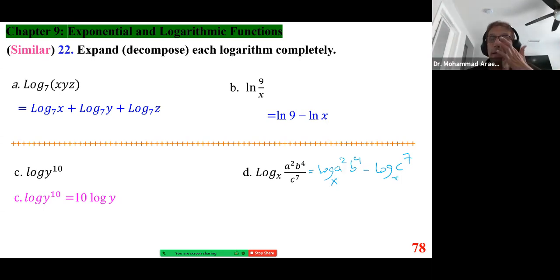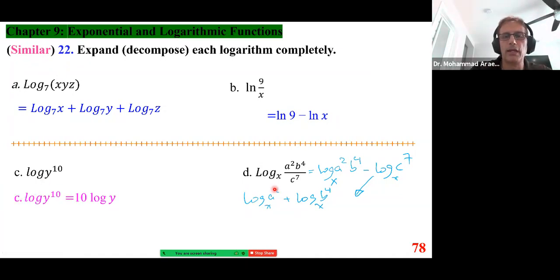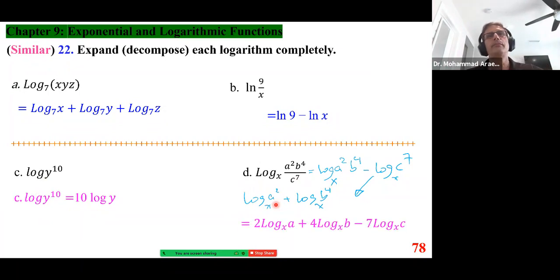Now, the first can be broken into log of a squared plus log of b to the power of 4. This one, you rewrite it, and the exponent in each case sits in front. We are done. This really can be done even in one shot, but take your time.